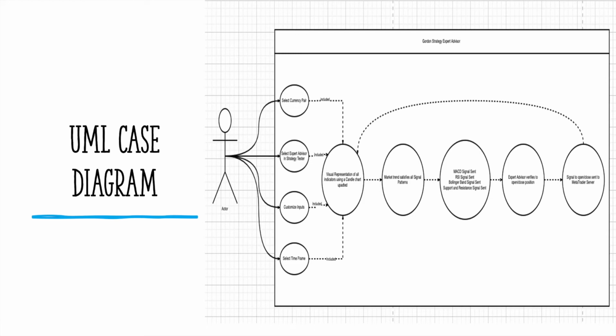Once this is set, it will initialize all the visuals of the indicators. When it's running, basically what happens is each indicator sends out a signal when it satisfies the market condition. And once that's in place, MetaTrader will update the server and this buy or sell signal will be displayed on the visual.